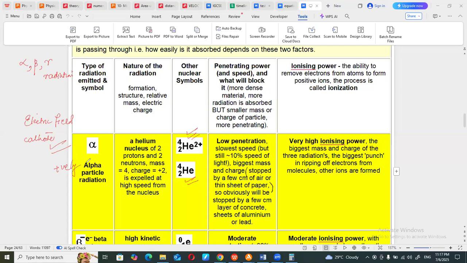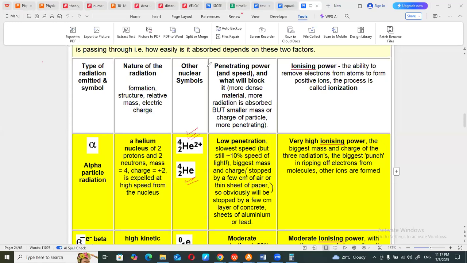Next, the most important part is that they move with a speed of 10% of the speed of light, or 1/10 the speed of light. Being the heaviest particle out of alpha, beta, and gamma, they move with 1/10 the speed of light.